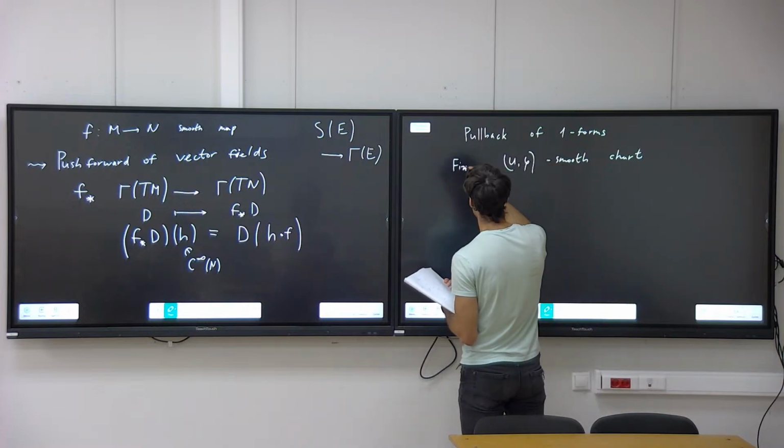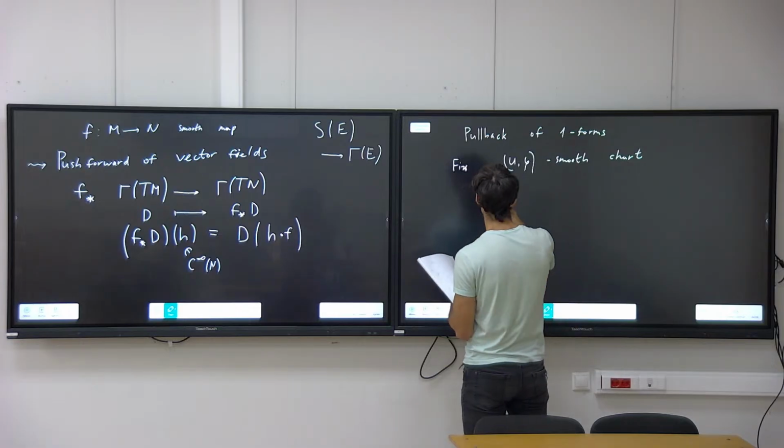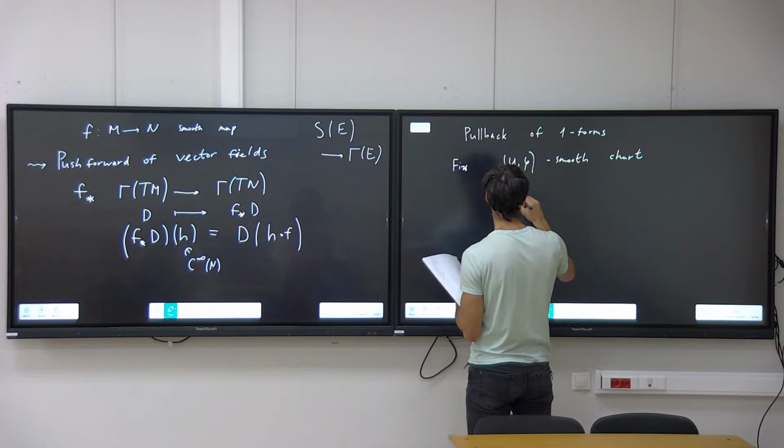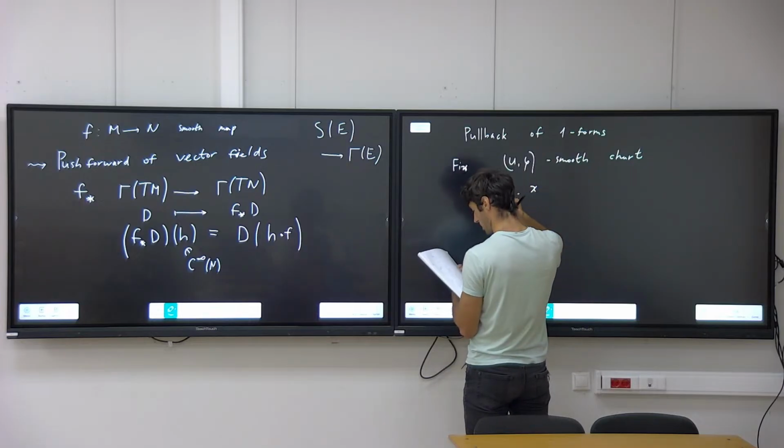Suppose that I have corresponding coordinates x1, blah, blah, blah, xn. This is a smooth chart where?